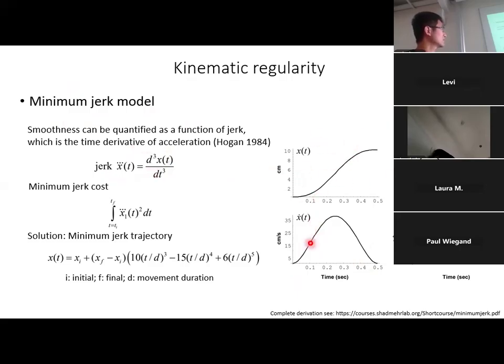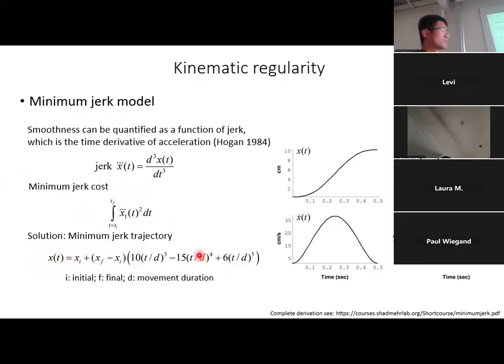One derivative is the velocity, twice is the acceleration, and the derivative of the acceleration is called jerk. It's three dots here. In this case, the design is that you minimize the jerk cost, which you integrate over the time. If you do this minimization, you get the solution for the resulting trajectory.